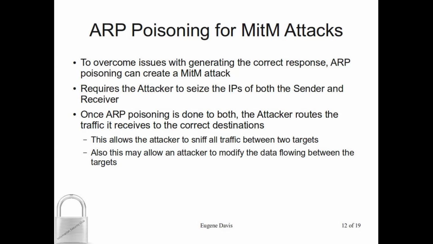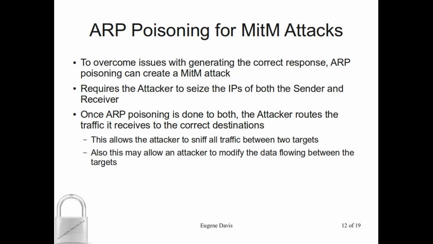ARP poisoning for man-in-the-middle attacks. Like I said, with session hijacking, if all I've done is take somebody offline, I may not be able to respond correctly to whoever I'm talking to. In this case, I'm going to want to make a man-in-the-middle attack. That's where I sit between the 2 computers that are trying to talk to each other, and I can relay the data and certainly read it, possibly tamper with it as it goes across the wire.